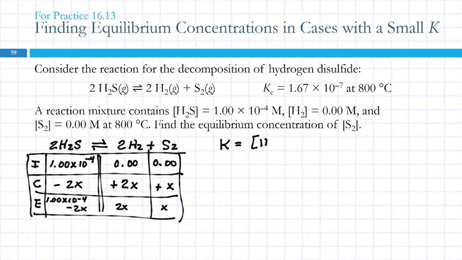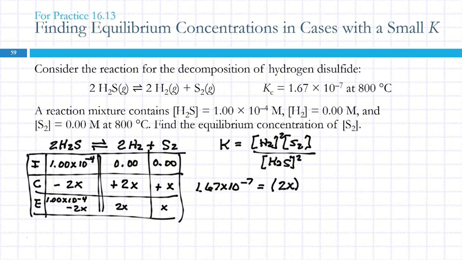Got our equilibrium constant expression. I could have copied that too. Maybe next time. Plug things in. 1.67 times 10 to the minus 7 is equal to, now H is 2x, the quantity squared.